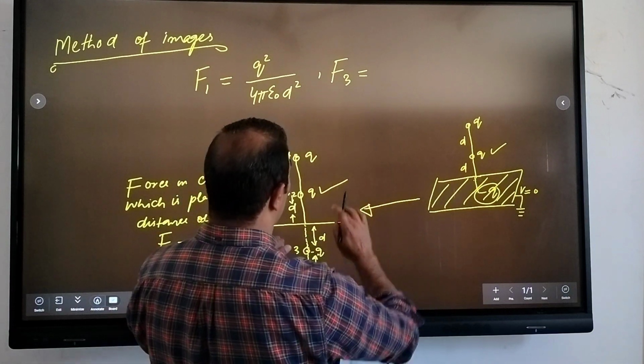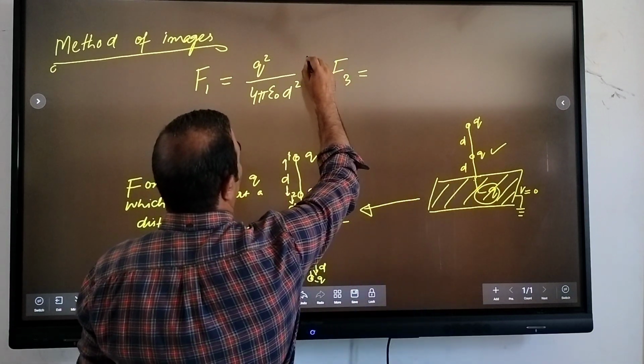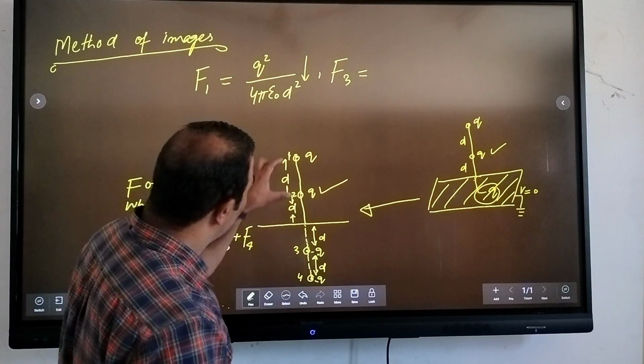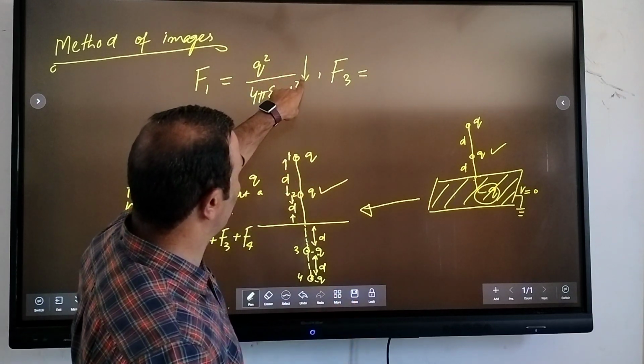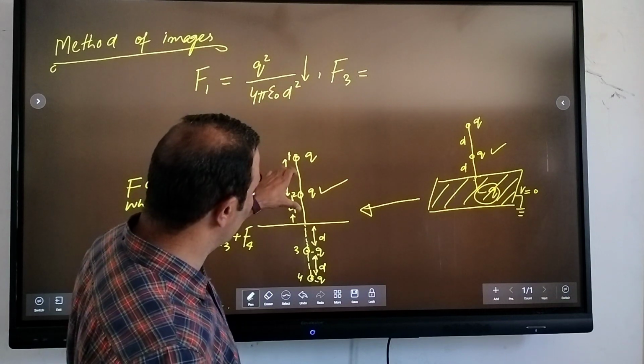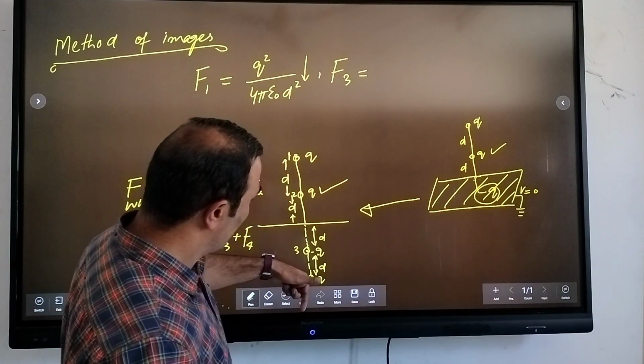And one more thing: the direction will be downwards, because these are positive charges so they will repel each other. So this gives the direction of the total force, which will be towards the metallic plate.